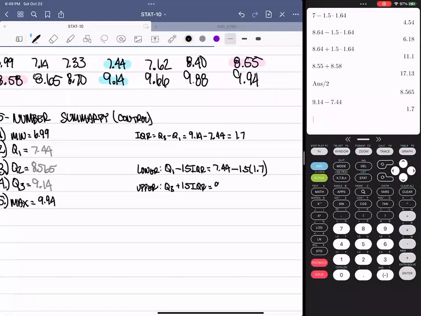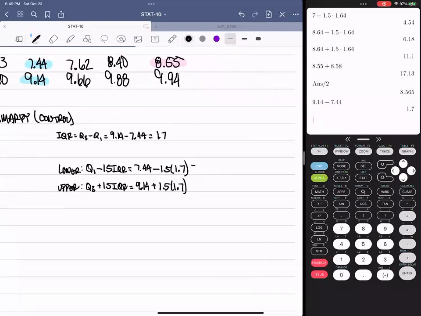And for Q3, 9.14. This time it's plus, so we're not going to forget it. 1.5 times 1.7, which is our IQR. And we compute it. So 7.44 minus 1.5 times 1.7 gives us 4.89. And now 9.14 plus, this time, 1.5 times our IQR 1.7, and that's 11.69.